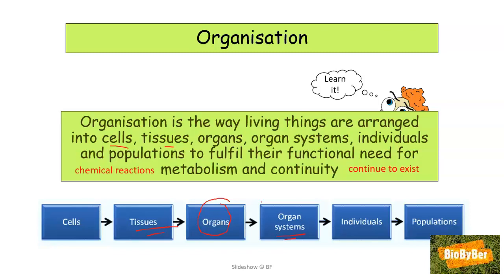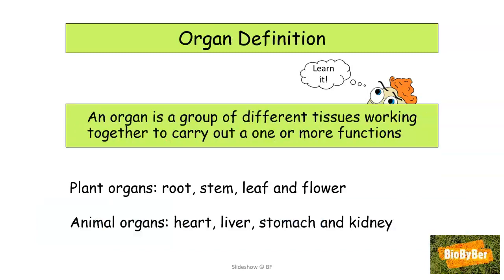The objective of this lesson is to focus on the idea of organs and know the definition of an organ and be able to exemplify it or explain it using examples. So, the definition of an organ is that it is a group of different tissues working together.